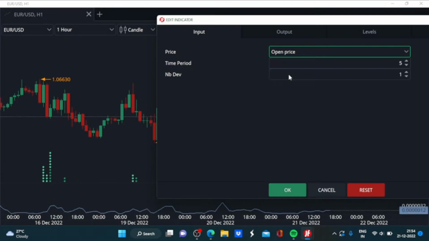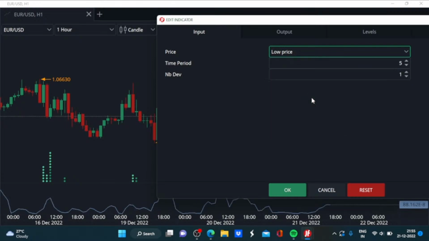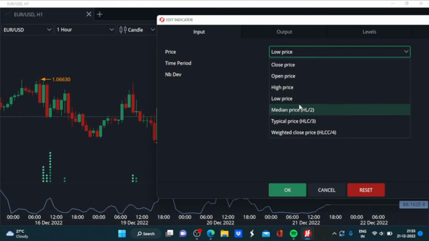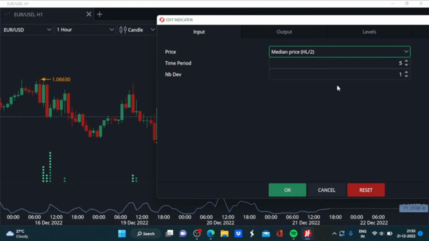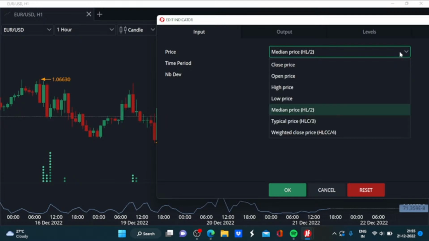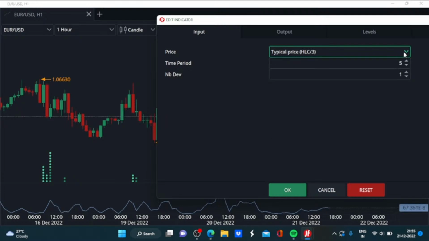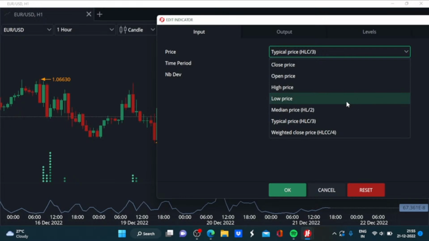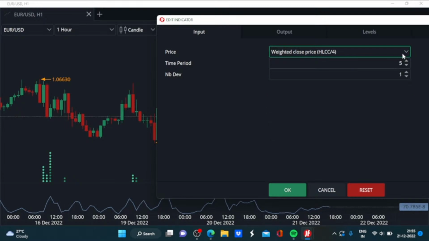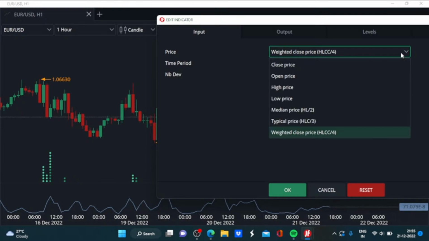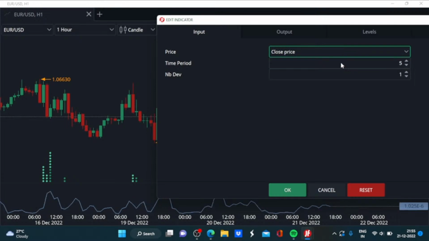And if you go for different types of applied prices, you will have different types of plotting of the variance. So whatever is your chosen applied price, that is going to have a significant impact on the kind of output you get for this indicator. So you will have to decide after keen observation what kind of applied price you want to work with, and using that applied price, then you can go for the opportunities in the market.